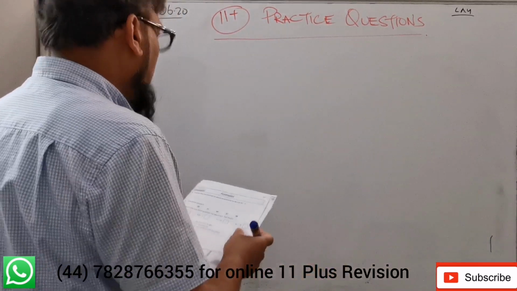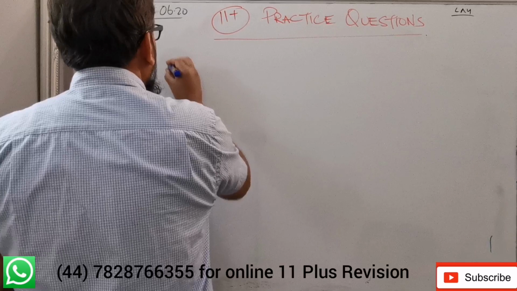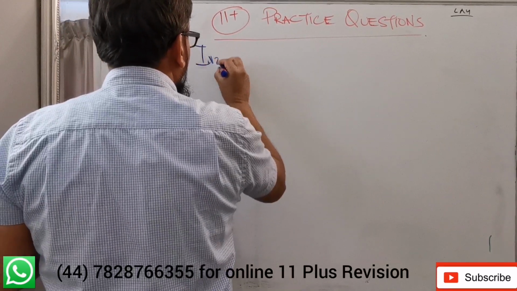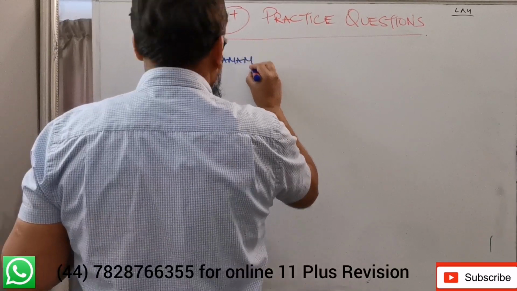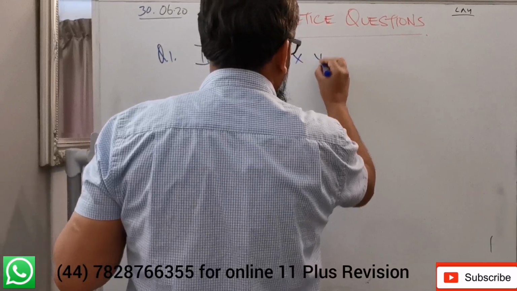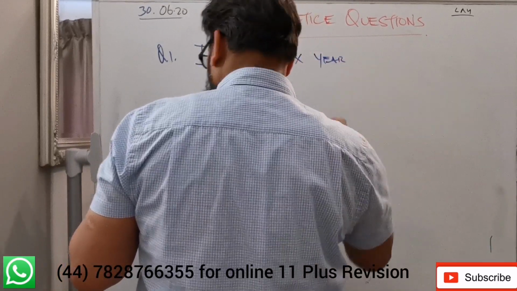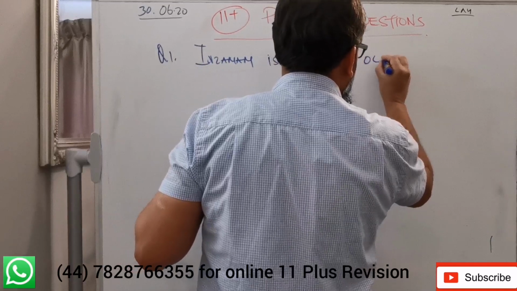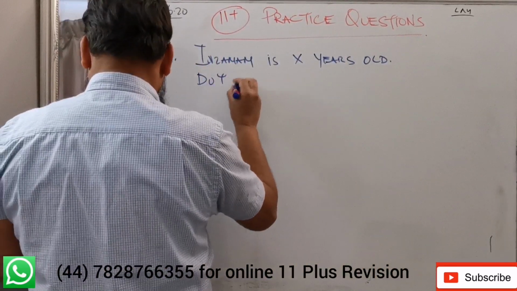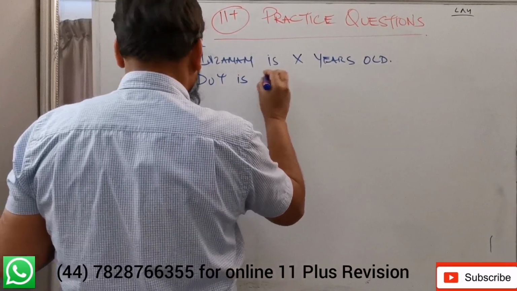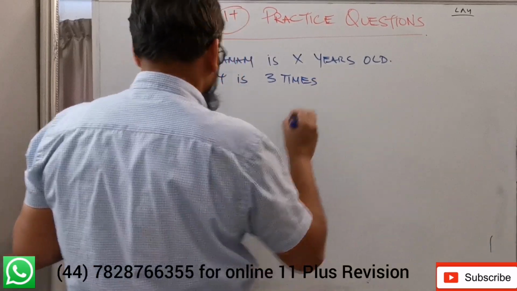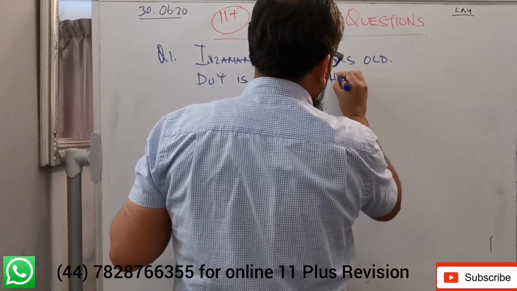So the question number 1 is: Inzimam is X years old. Dot is 3 times his age.